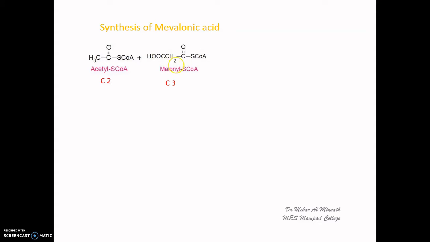Now, these two compounds condense together. Of course, everything happens in the presence of enzymes. Any reaction which is taking place in the living tissue happens in the presence of enzymes. So, here also it is the same case.